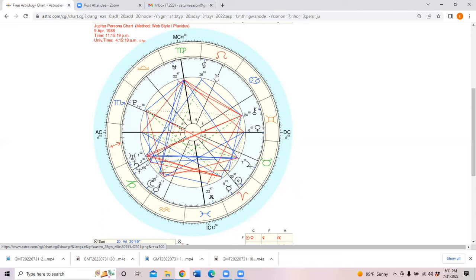But my point is, I think you can do this somewhat quickly. I mean, you could sit there, like I said, and delineate the entire thing if you wanted to for each persona chart, but I don't think that you have to do that. I think just taking a quick look at maybe what's going on in it. Like the chart ruler in the persona chart with Sagittarius rising is Jupiter, in the fifth house in Taurus.